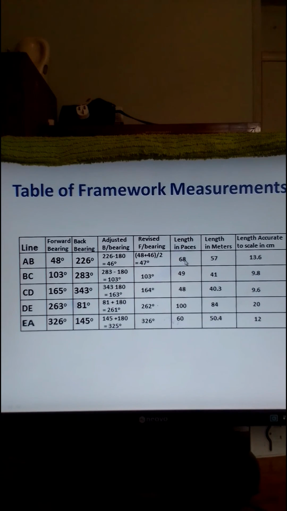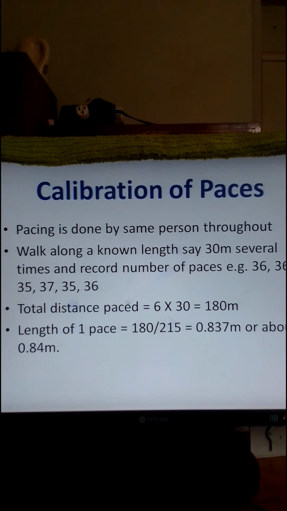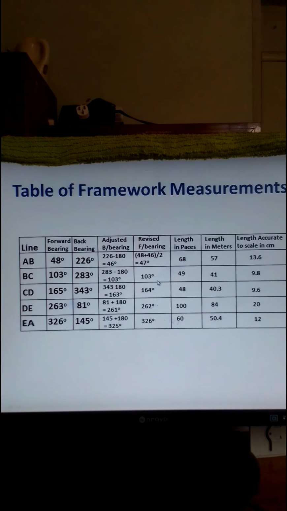So you convert these lengths in paces into meters. You multiply the length in paces times the length of one pace. We found that the length of one pace is 0.84 meters. So we multiply these lengths in paces by 0.84 in our case, and we get the following. So 68 paces is equivalent to 57 meters, and so on.